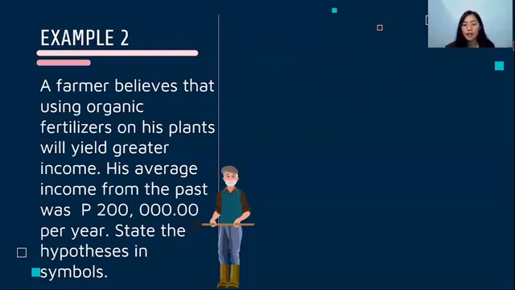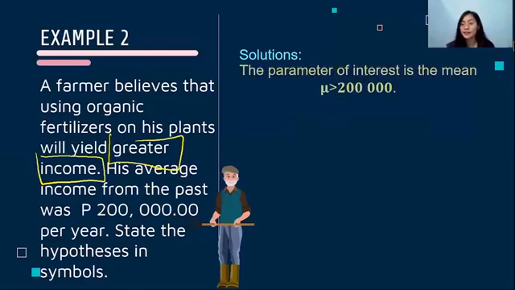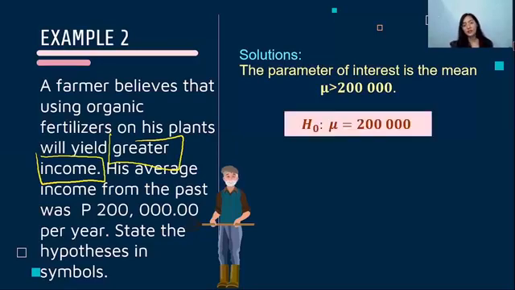If you notice in our problem, it uses the phrase greater income, so we can say that our parameter of interest is that the mean, or mu, is greater than 200,000 pesos. And for our null hypothesis, since it always has an equal sign, we can state that mu is 200,000 pesos.